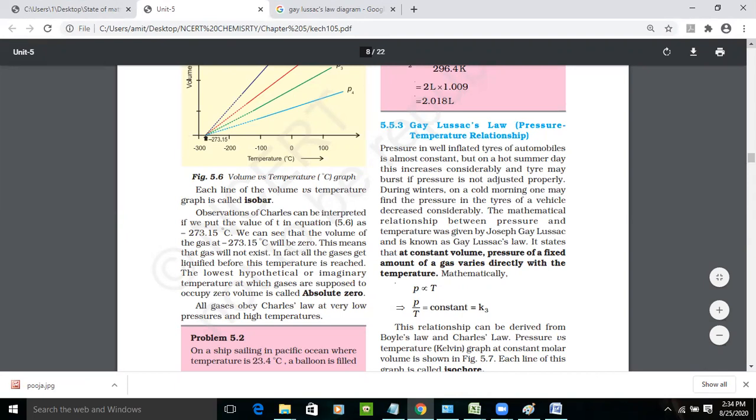Because of the sun's rays, the ground becomes hot. We know from physics that when an object moves, an equal and opposite force is exerted by the ground, known as the force of friction, which leads to an increase in heat. This heat increases the kinetic energy of the molecules, and when their kinetic energy increases, they exert more pressure on the walls of the tire, and the tire can burst.